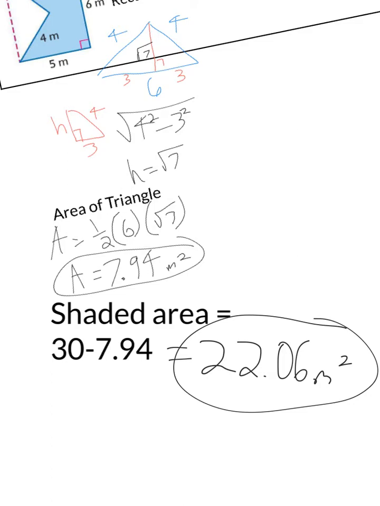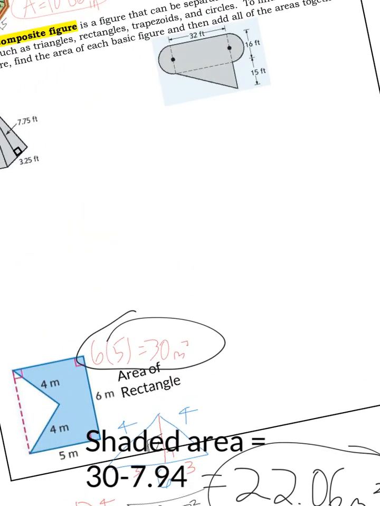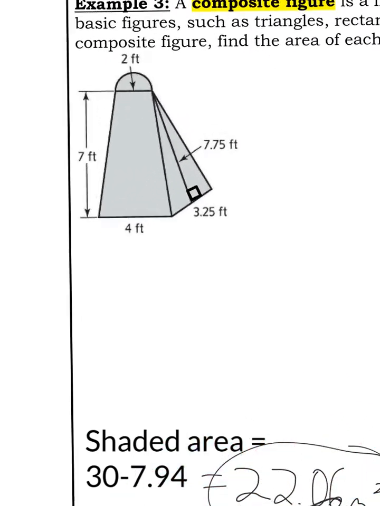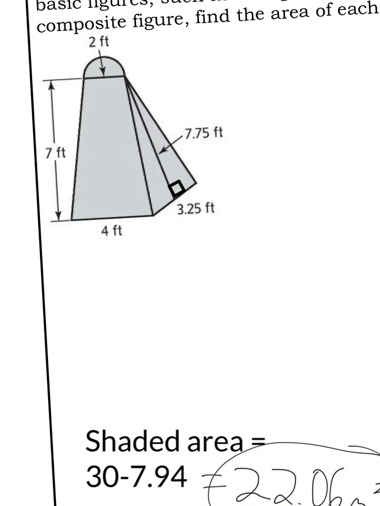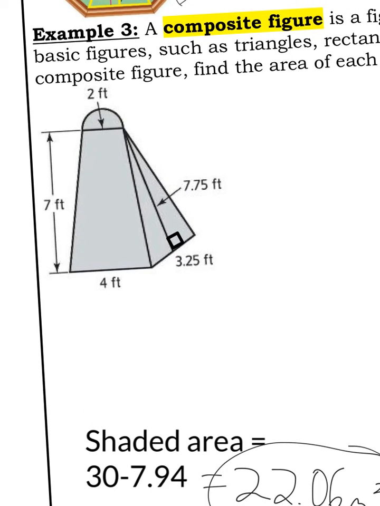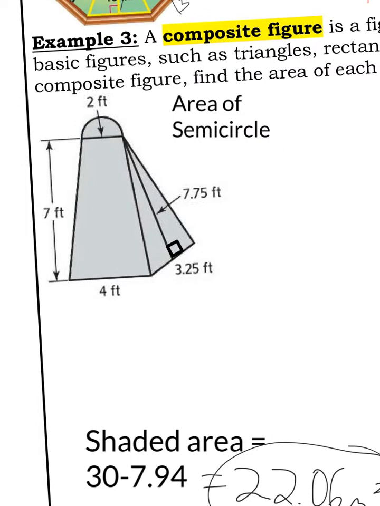Now let's do 2 examples where everything is shaded. Here I have 3 shapes. I have a triangle on the side, I have a trapezoid in the middle, and then I have a half circle at the top. So let's start with that half circle. So I'm going to need to find the area of a whole circle and just cut it in half. So area of a circle is pi r squared.